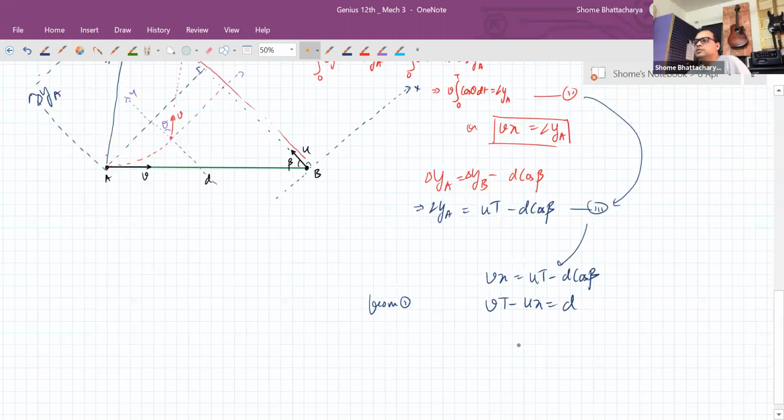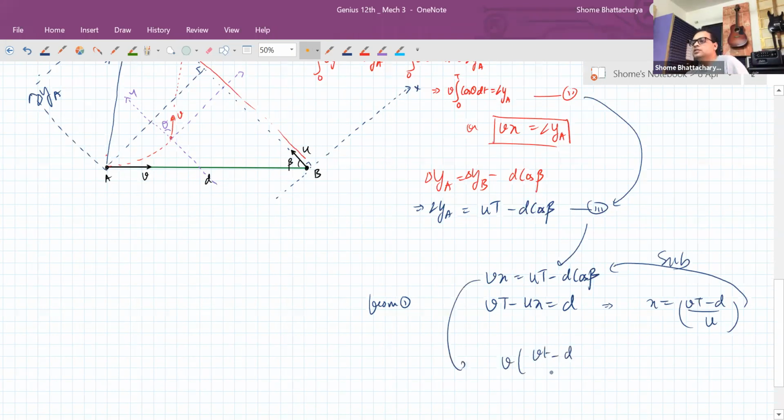So now we can eliminate x between these equations. So from this we can substitute x, for example, as (vt minus d) by u, and substitute that in this equation. So you get v into (vt minus d) by u is equal to ut minus d cos beta, something like this.